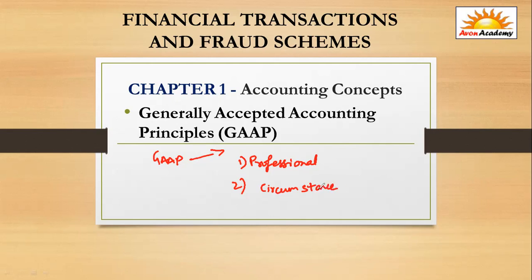Because what is a common practice in the industry when we are talking about preparing the accounts, what is the industry following? Or the substance, whether it's immaterial or not, whether I'm overstating it or not, whether it's unreasonable or reasonable. So these are different factors which are going to decide whether I need to move away from the GAAP principle as per the accounting or otherwise.